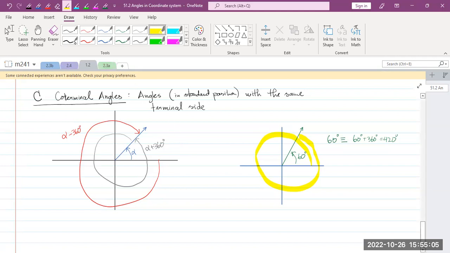Now suppose I go backward: negative 300 degrees is coterminal to 60 degrees. That negative 300 degrees comes from 60 degrees minus 360 degrees.